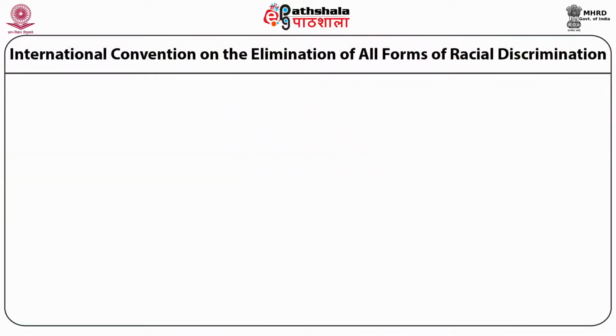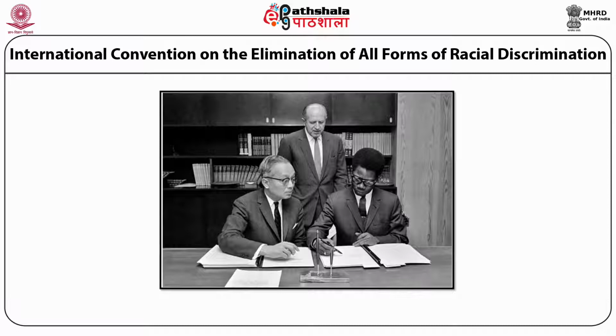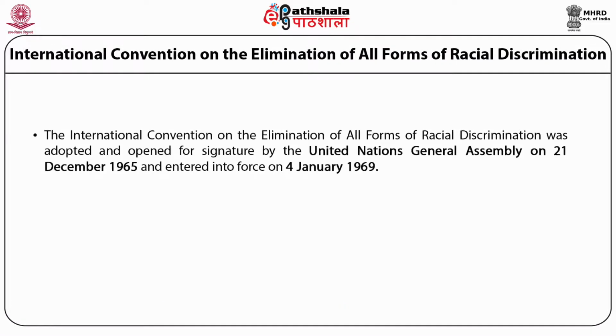You're now looking at the International Convention on the Elimination of All Forms of Racial Discrimination and a signing of this convention. The International Convention on the Elimination of All Forms of Racial Discrimination was adopted and opened for signature by the UN General Assembly on 21st December 1965, and it entered into force on 4th January 1969.